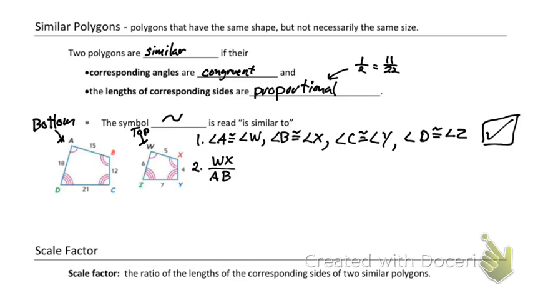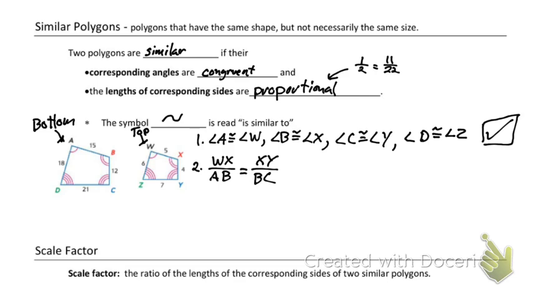Our next corresponding set of sides is XY and BC. So we're going to put a little equal sign. And we're going to put XY over BC. That's what it means to be proportional. These two things have to be equal. Would it have been okay if I flipped this? No, because I already picked these to be the top.